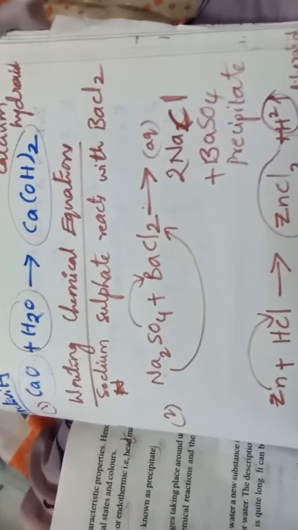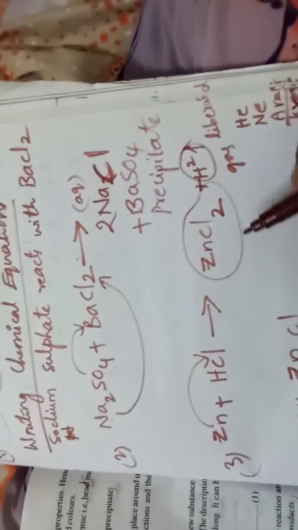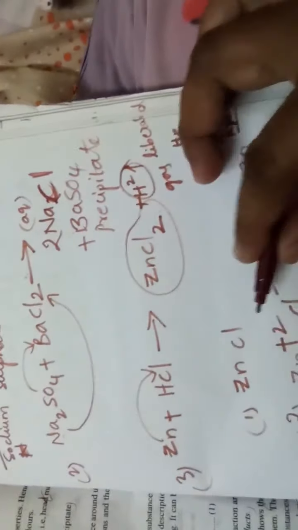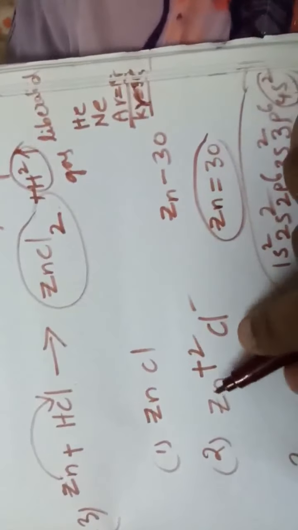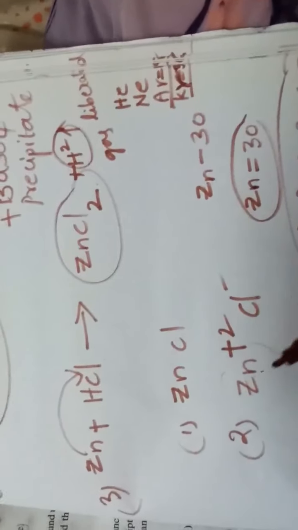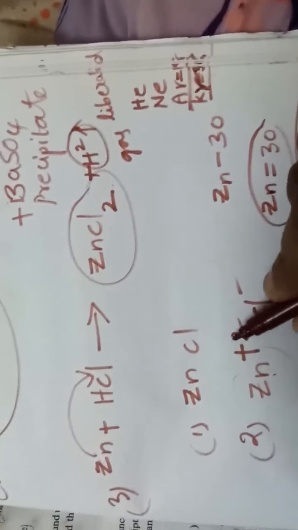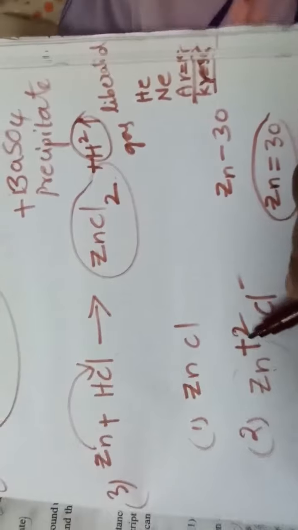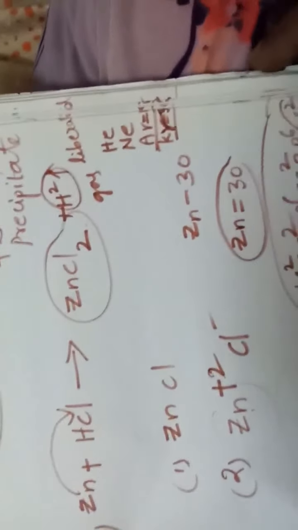See children, for the third activity I told you zinc chloride will form. For that zinc chloride I am explaining here that zinc has +2 valency because it is a D block element and transition metal, and it always wants to get a valency of 2 and become a positive cation. The electronic configuration of zinc is like this.